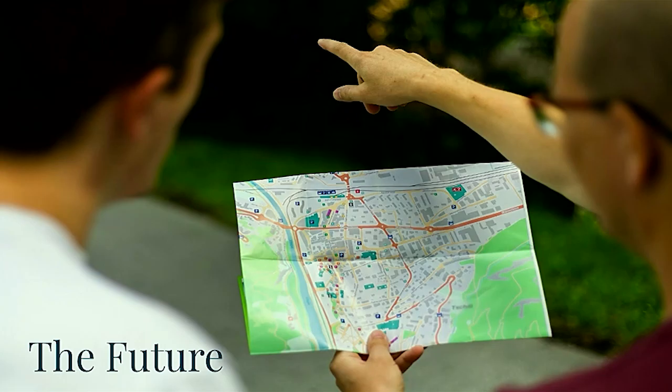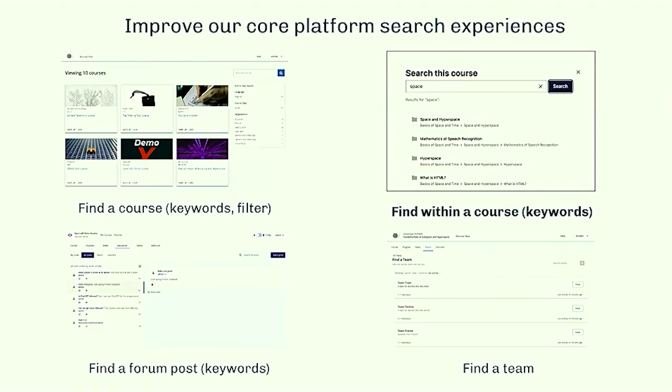Then looking out to the future, I would love to see some love paid to these core search experiences. I think there's a lot that can be done to make them more useful.